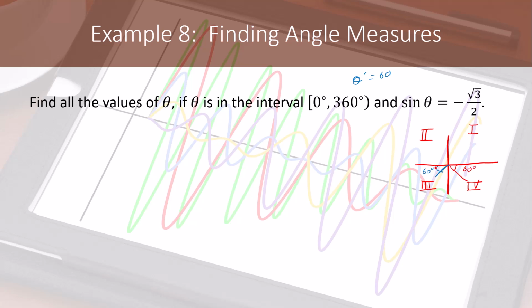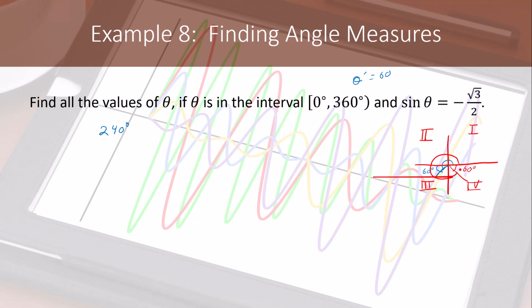So if this reference angle is 60 degrees, then this entire angle is going to be 180 plus 60 degrees, or 240 degrees. So our first angle is going to be 240 degrees. And then our second angle, which is this right here, is our actual angle.